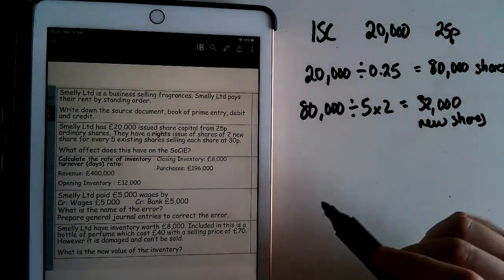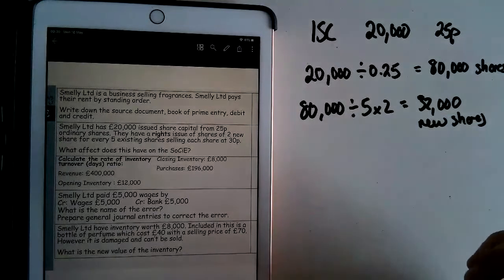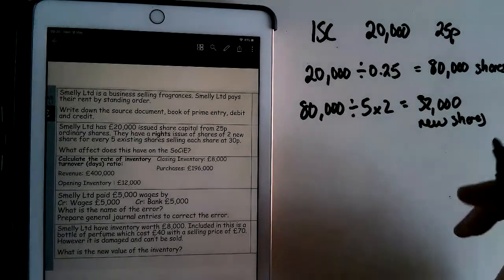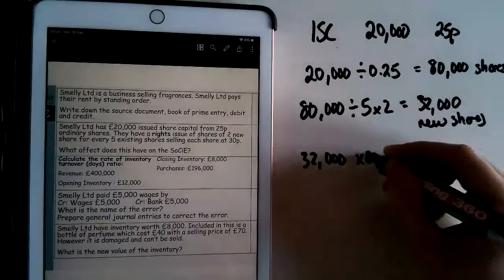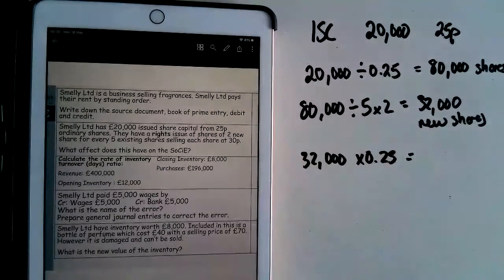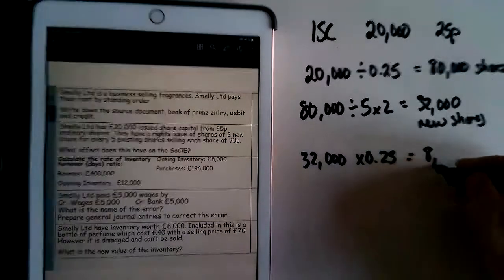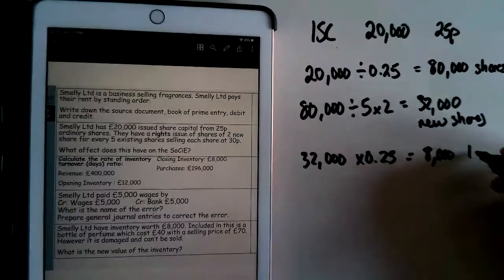So the 30p would affect the bank, but for the sake of our equity, we split the 30p up into, well, the nominal value, so 25p. That gives us £8,000, and that will increase the issued share capital.